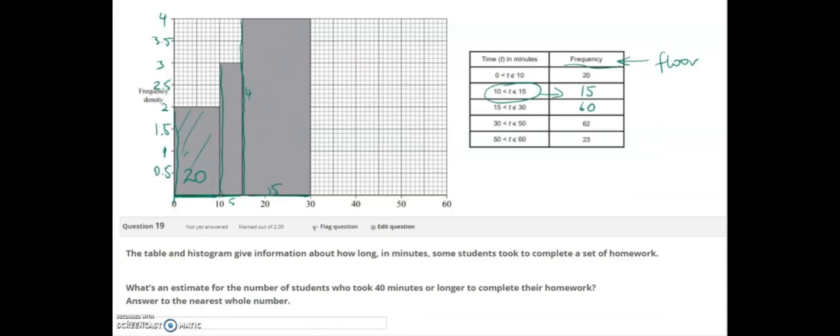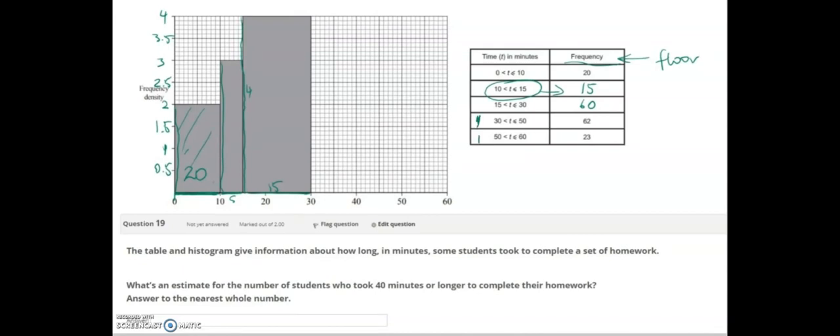Question number 19. What's an estimate for the number of students who took 40 minutes or longer to complete their homework? So there are different ways you could work this out. You could complete the histogram. So you'd have to represent the bars in here for these two. So I can do that very quickly.